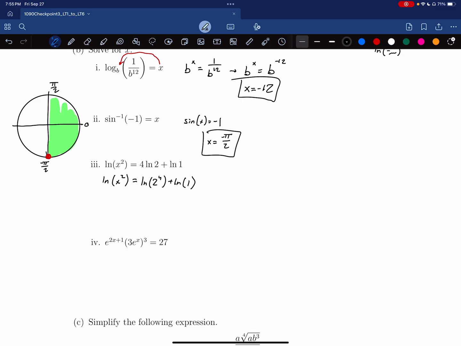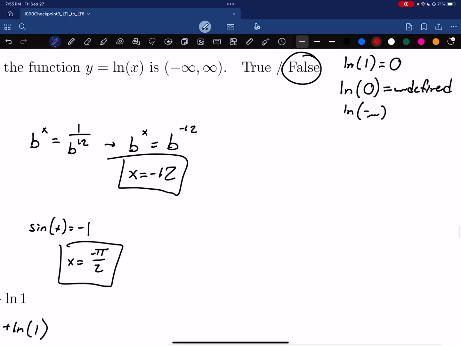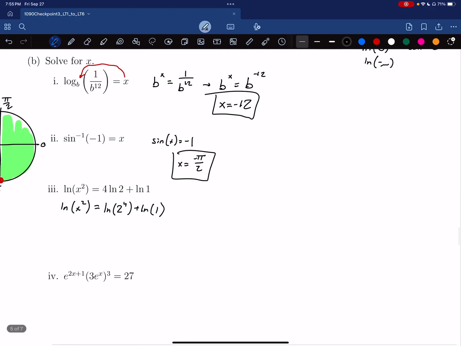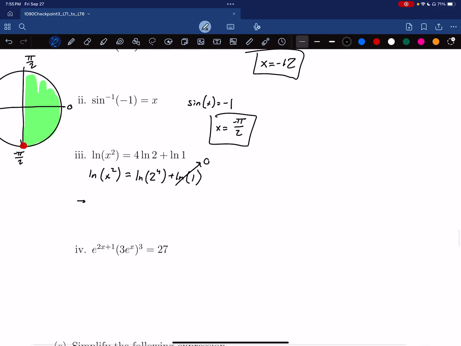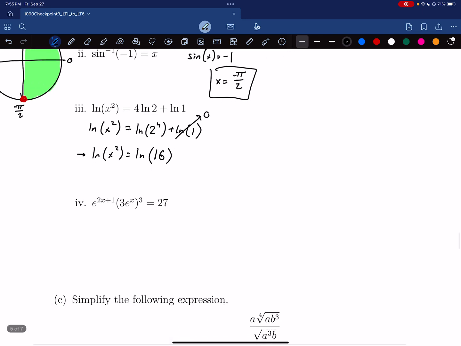And something we talked about earlier is that ln of 1 is equal to 0. So this just goes to 0. Now we have that ln of x squared is equal to ln of 16, because 2 to the 4th is 16. And then just from inspection, we can say that x squared is equal to 16.